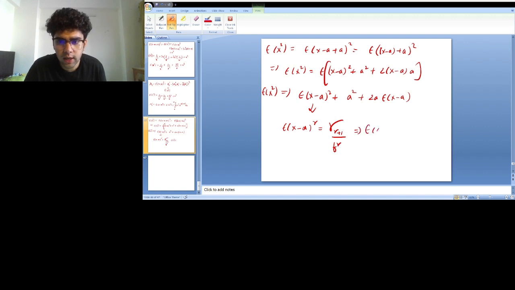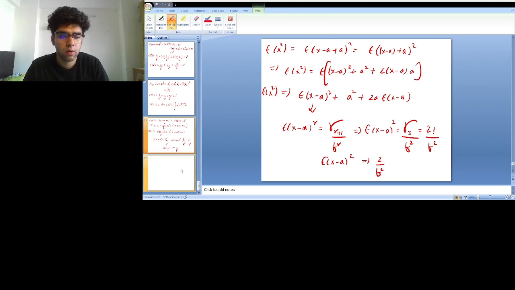This implies that E[(X minus a) square] is equal to gamma 2 plus 1, which is gamma 3, upon b to the power 2. This gives us 2 factorial upon b square, and 2 factorial is 2, therefore this is 2 upon b square, right? So my expected value of E[(X minus a) square] is 2 upon b square.